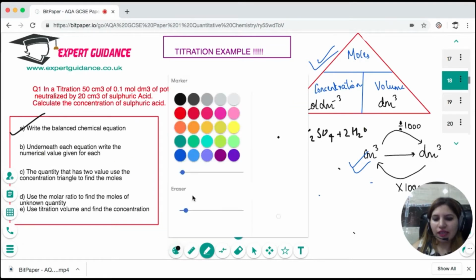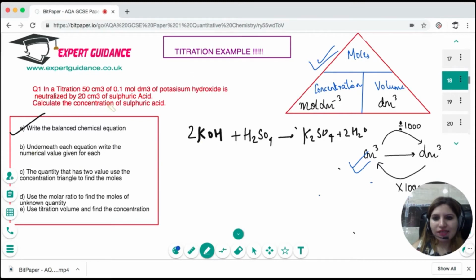Then underneath each, I'll write what values are given to me. So what is the value given to me? That for KOH, my volume is 50 centimeter cube. So which is 50 divided by 1000 to convert it into dm cube. So that is 0.05 dm cube. And the concentration is 0.1 moles per dm cube. And for sulfuric acid, from the titration, they have not given me the table, but this time just told me the volume.